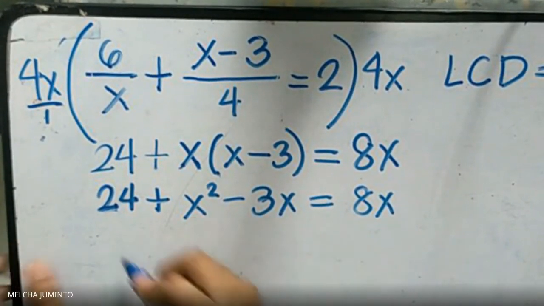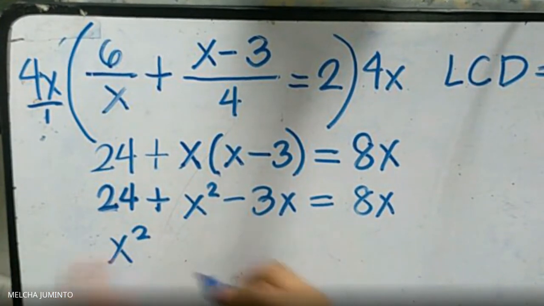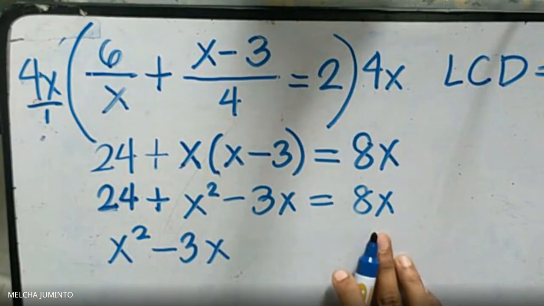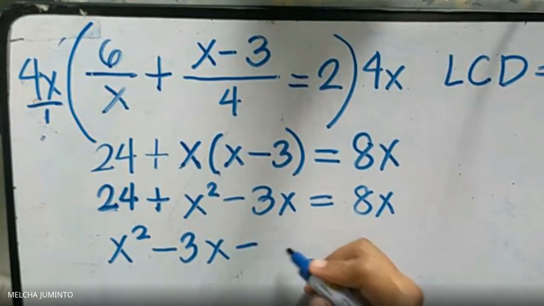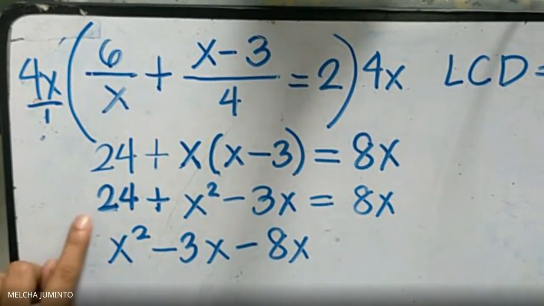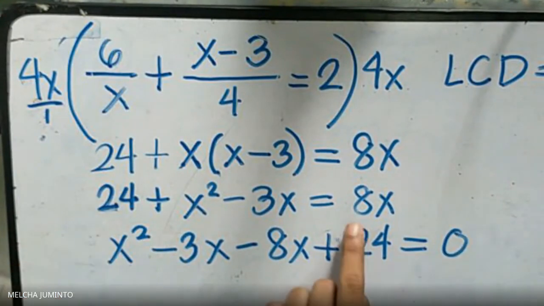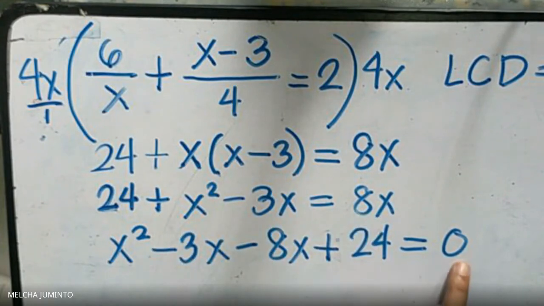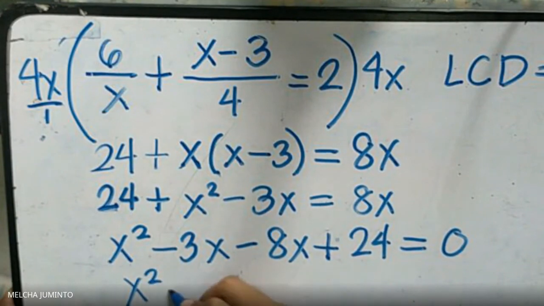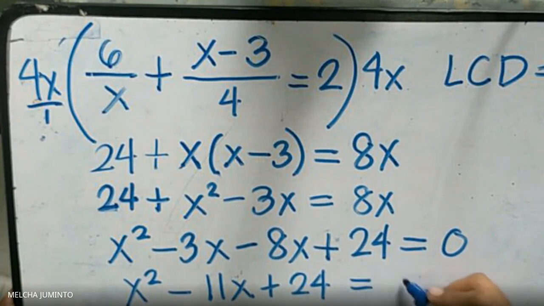We can now rearrange the term by writing first x squared as the first term, followed by negative 3x, and then followed by transferring 8x, negative 8x, and there's still plus. We need to write plus 24 equals 0. The term 8x was transferred from right to left, therefore there's no term on the right side. We need to place 0. Simplify this equation by writing x squared minus 11x plus 24 is equal to 0.